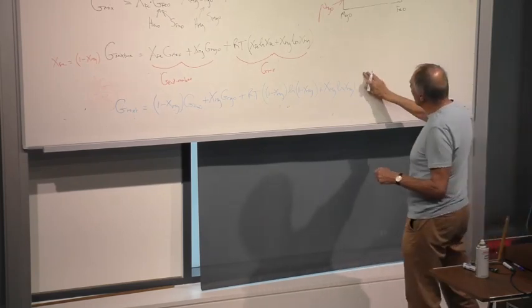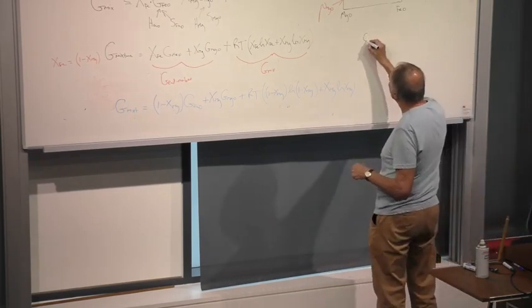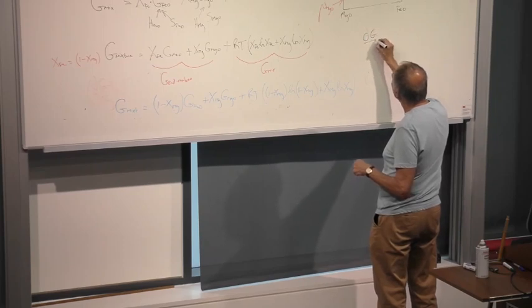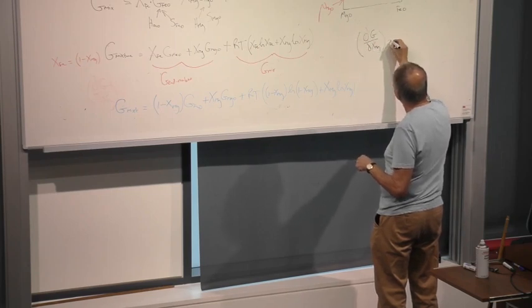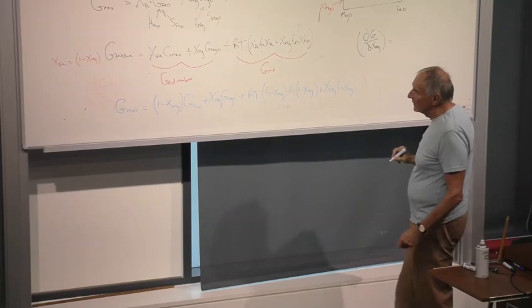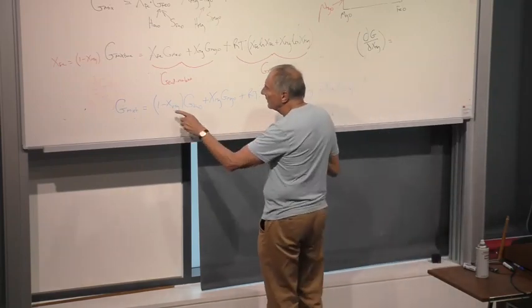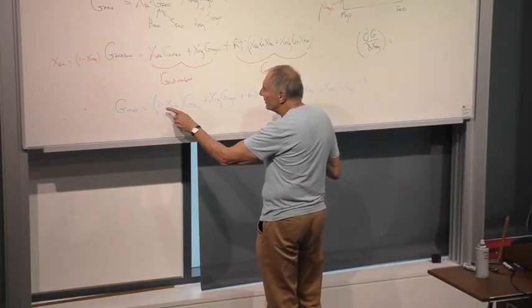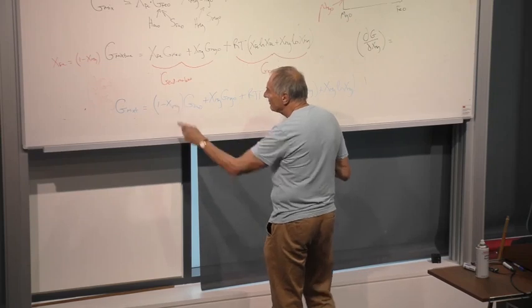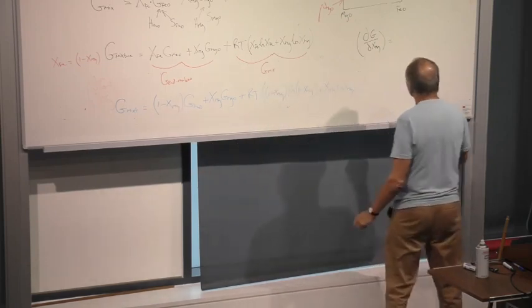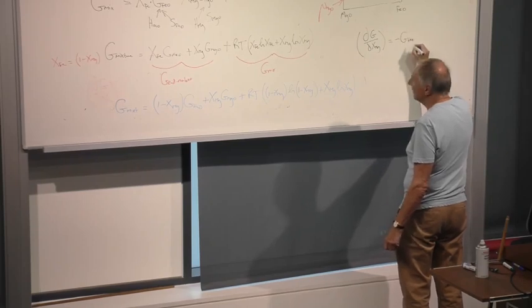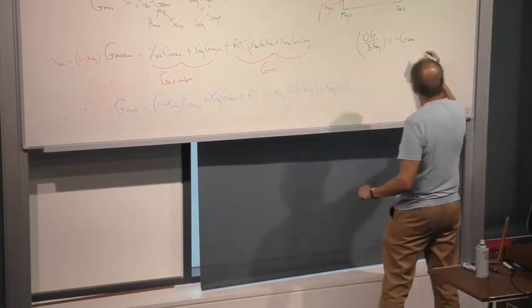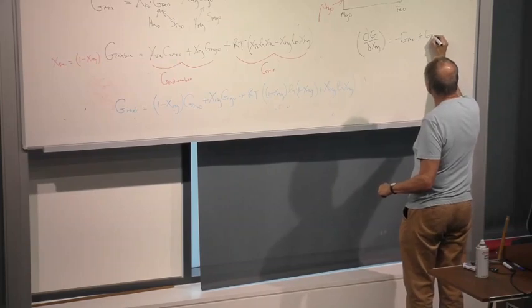Okay, so we differentiate with respect to xMg. d by dx of 1 is 0, d by dx of minus x is minus 1, so that's minus gFeO. d by dx of x is 1, so plus gMgO.